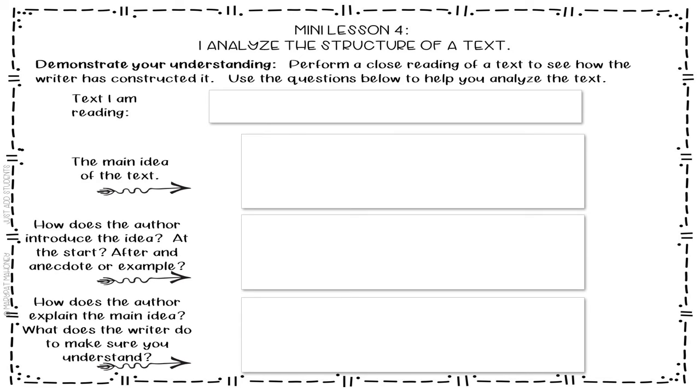You could say, well, she repeats the sentence. That's how we know that's the main idea. She says it 1,000 times in the passage. Well, she doesn't do that, but she is going to explain the main idea and make you understand the main idea by doing some things over and over. Maybe she gives you several examples, several stories, whatever it is. That's what you're going to be putting in that text box.